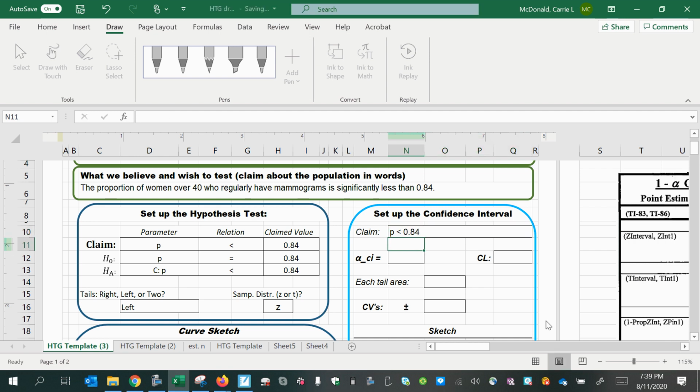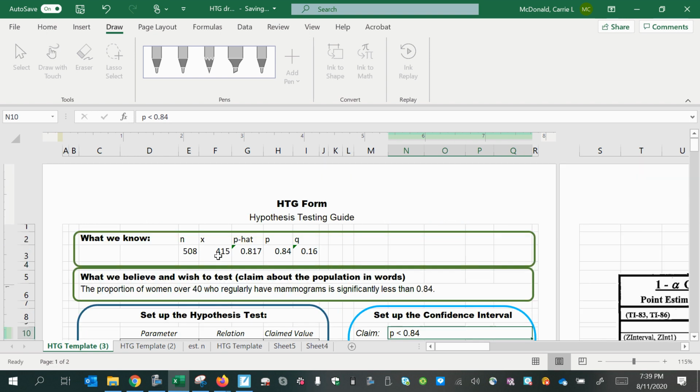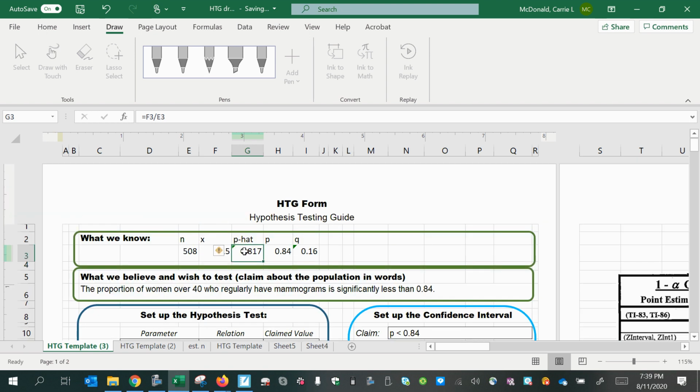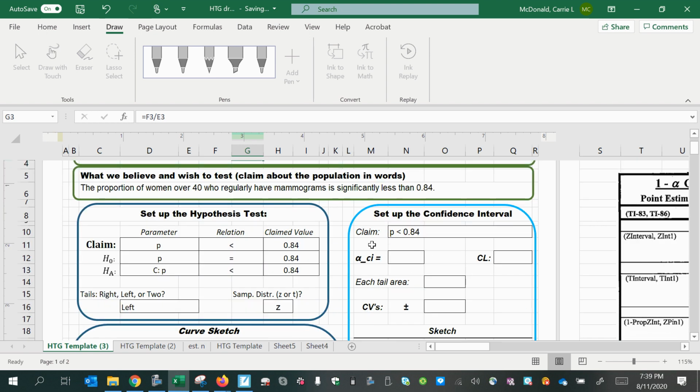So if I construct a confidence interval for this proportion to estimate the true population proportion, I will use the sample information to make that estimate. I'll take my point estimate and expand it with a margin of error into an interval estimate. And if my interval estimate is fully below 0.84, then I will have support for this claim.